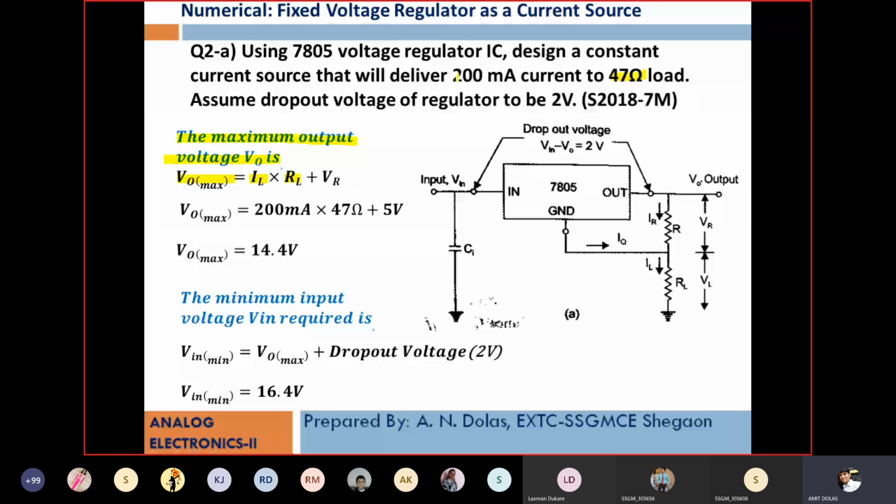Putting the values, VO max will be 14.4 volt, and the minimum voltage to operate this IC, V in minimum, is VO max plus dropout voltage, which is 2 volt. So V in minimum is 16.4 volt. So after solving these many steps, you will get 7 marks for this question.